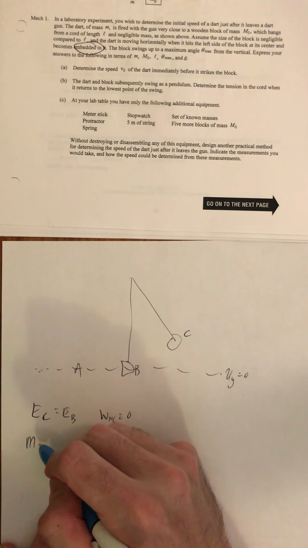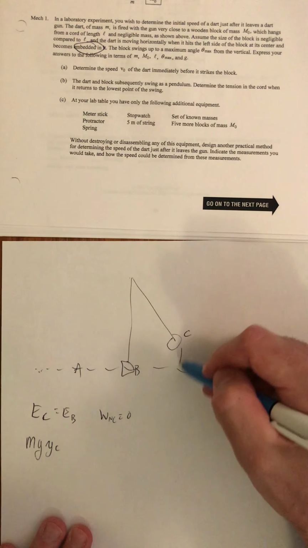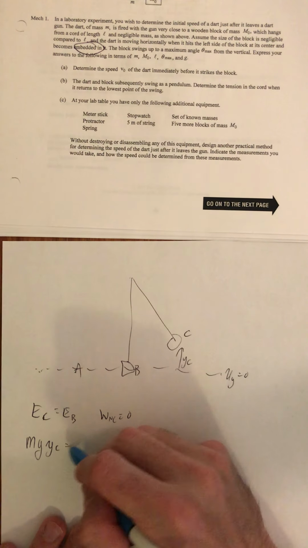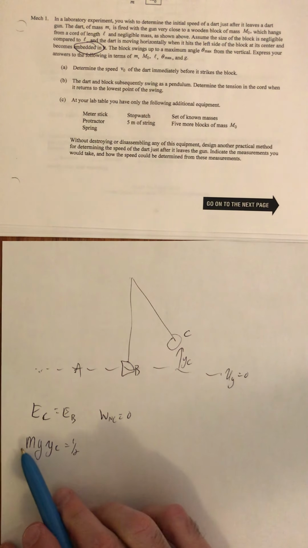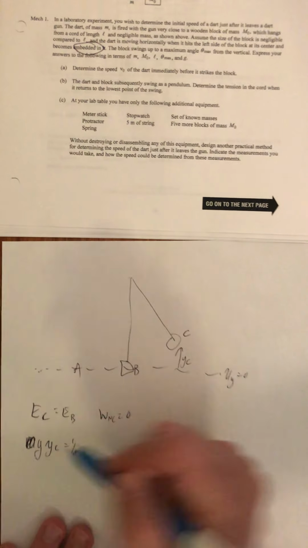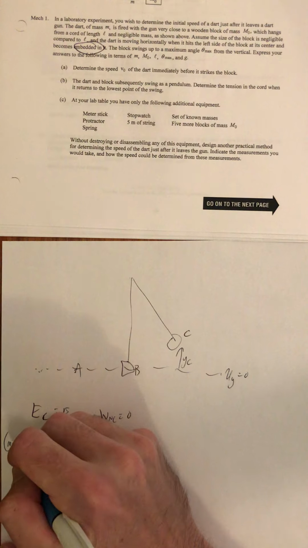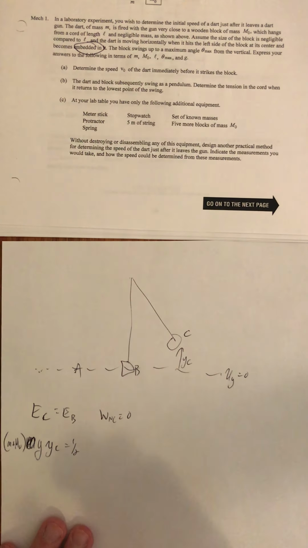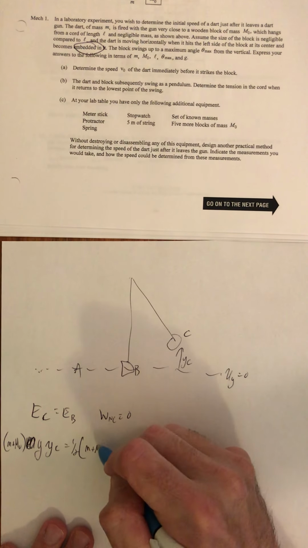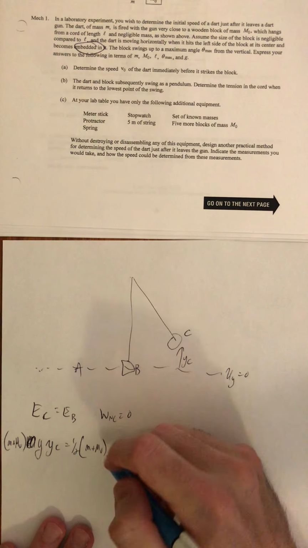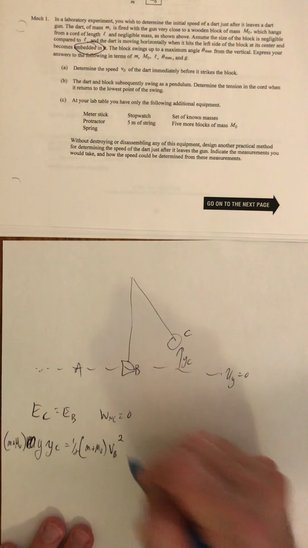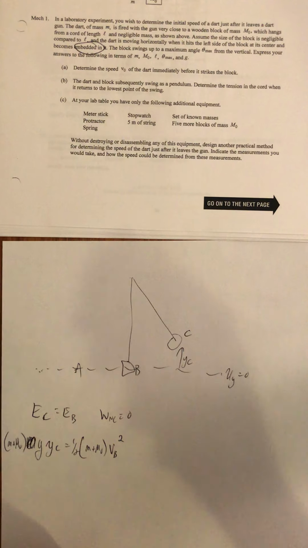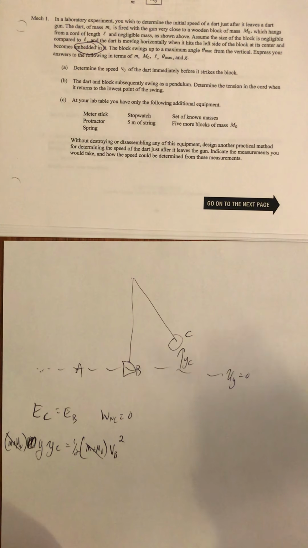So that's mgy at C, and we'll have to come up with an expression for that. It's equal to 1/2, and that M there is actually M plus M naught because they've stuck together. It's going to cancel, so no big deal. The v at B immediately after the collision squared, which is not what I care about. So those go away.